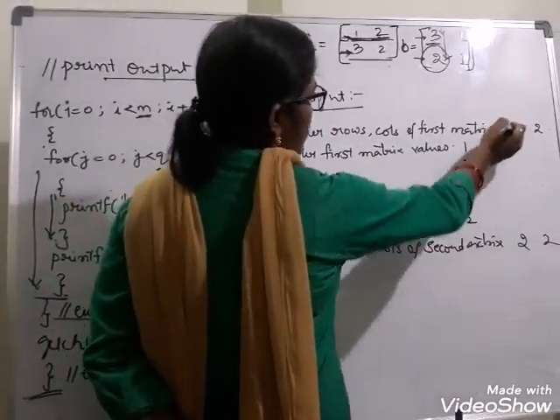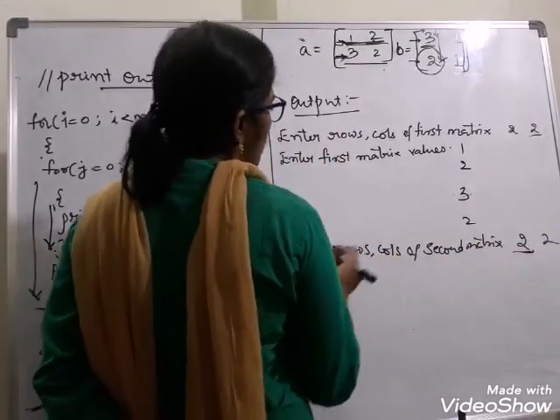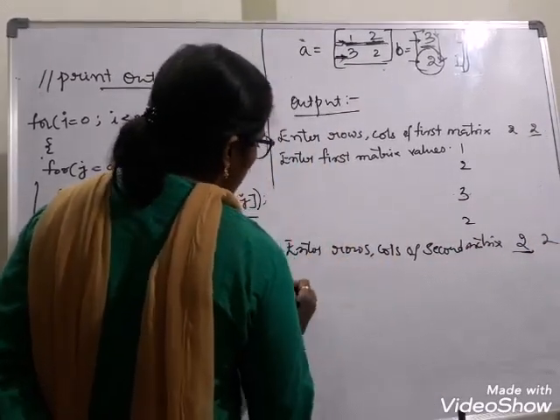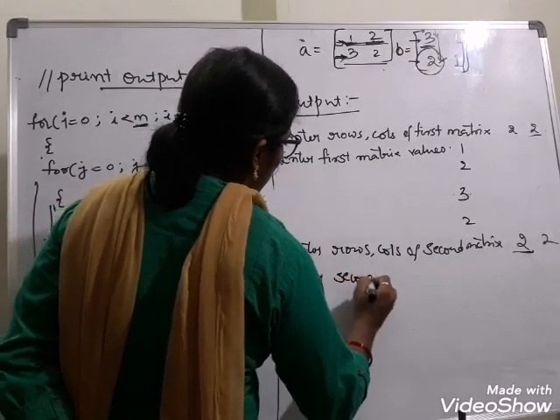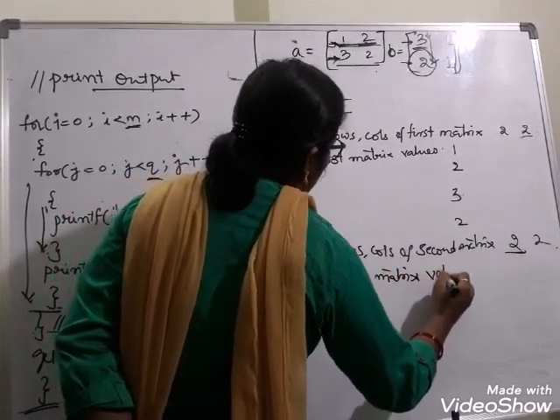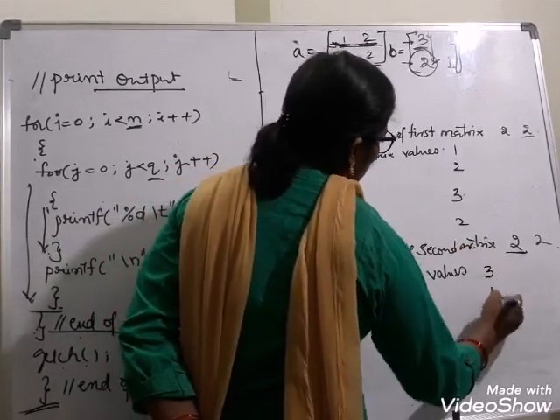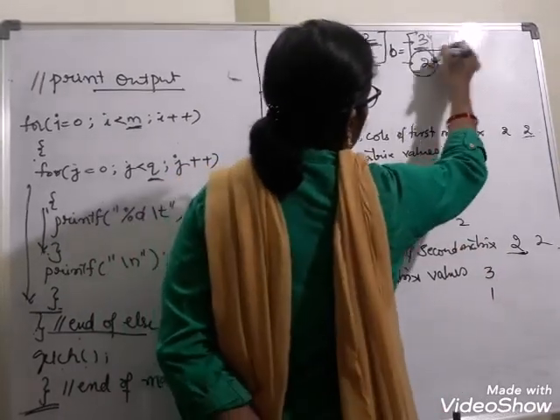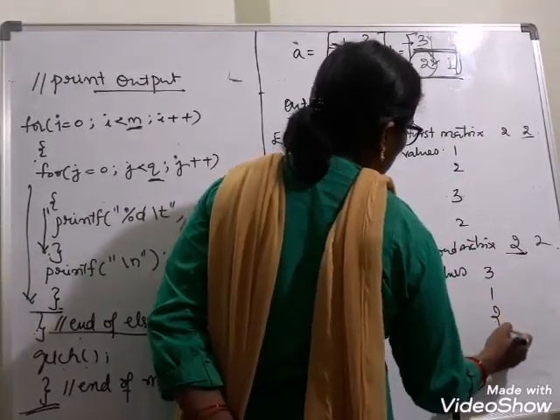As n and p are the same, it asks for entering the second matrix values. So enter second matrix values. So I will enter 3, 1 like this. The values will be entered always like this: 3, 1, 2, 1.